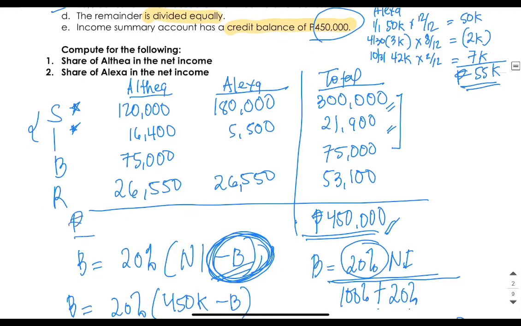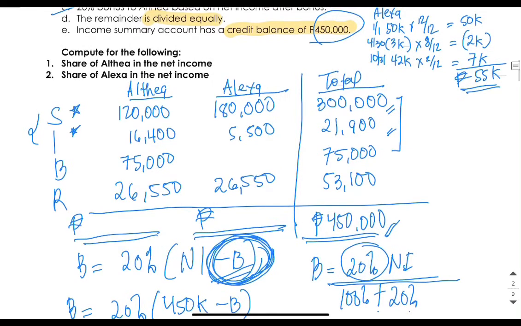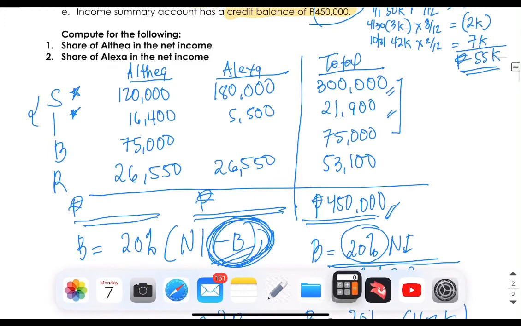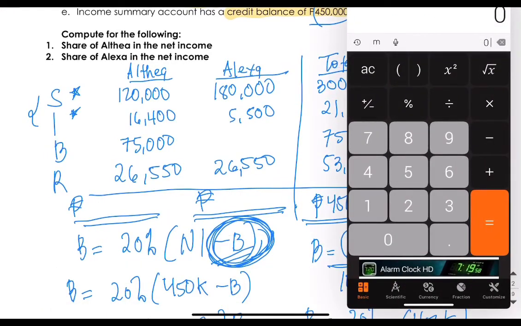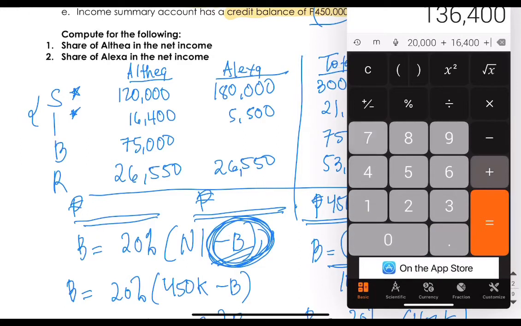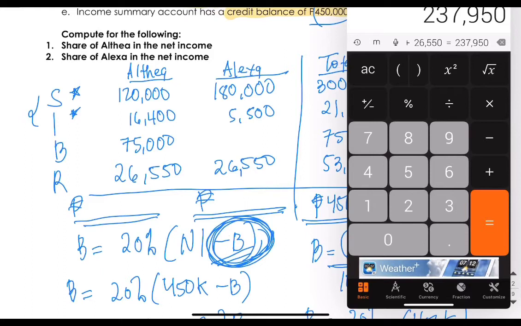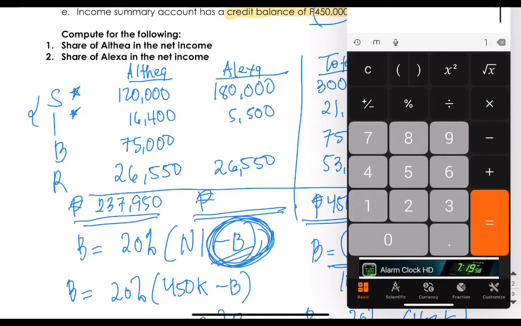And then add everything. Okay, so it's 120,000 plus 16,400 plus 75,000, and lastly 26,550. The share of Althea in the partnership profit amounted to 237,950, while for Alexa 180,000 plus 5,500 plus 26,550.